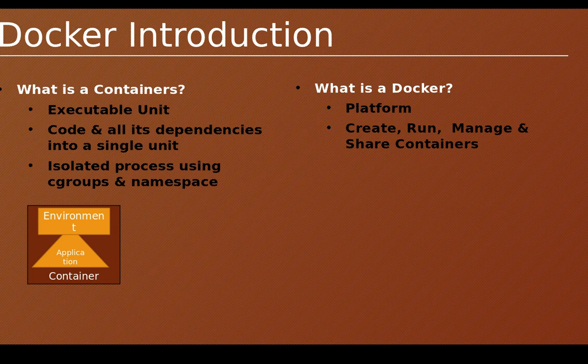So when you run containers, containers are basically run on a single big machine. So many containers will be running together. So there should be a level of isolation between the different processes, and that isolation is achieved by using cgroups. So cgroups and namespaces are concepts that come from the Linux environment.